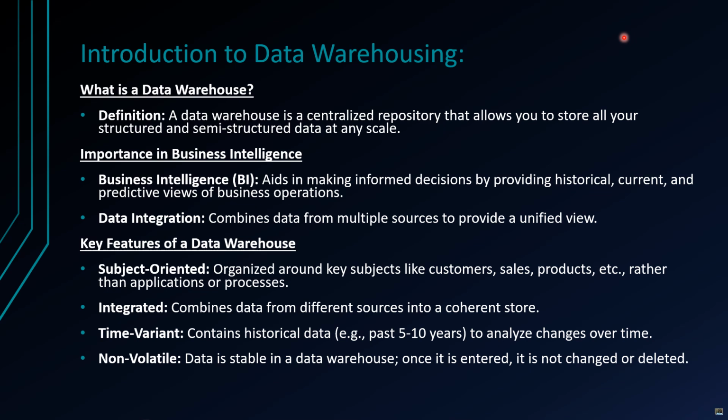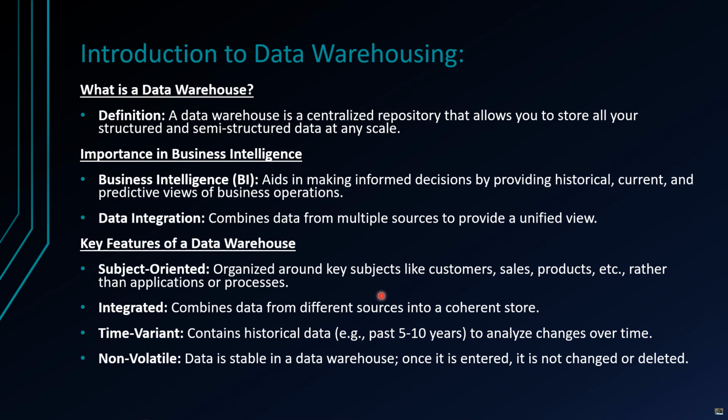There are some key features of data warehousing. Those are subject oriented, integrated, time variant and non-volatile. Subject oriented means it is organized around key subjects like customer, sales, products, etc., rather than applications and processes. Integrated means it combines data from different sources into a coherent store.